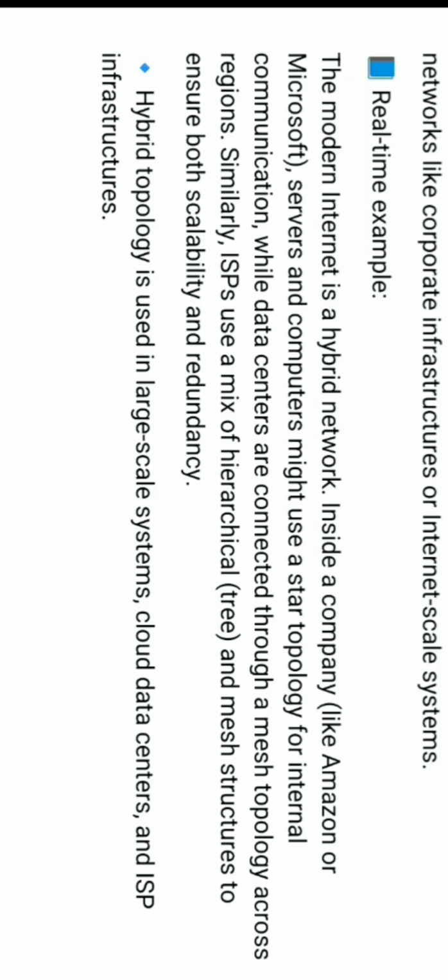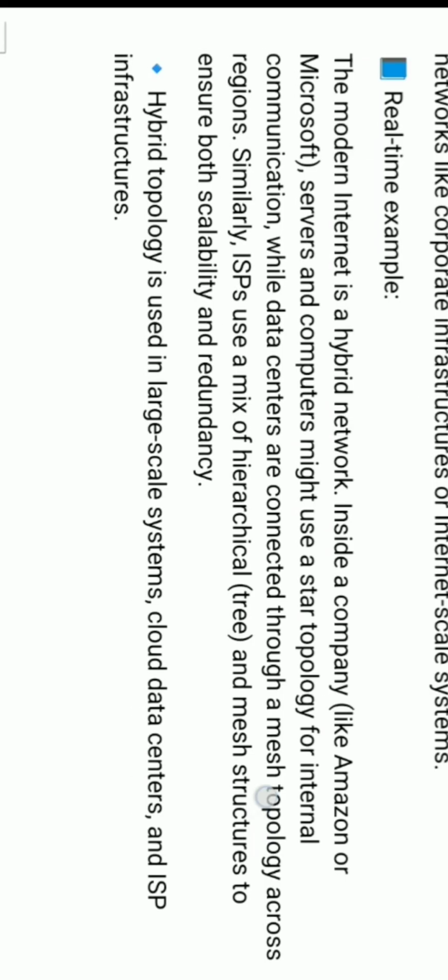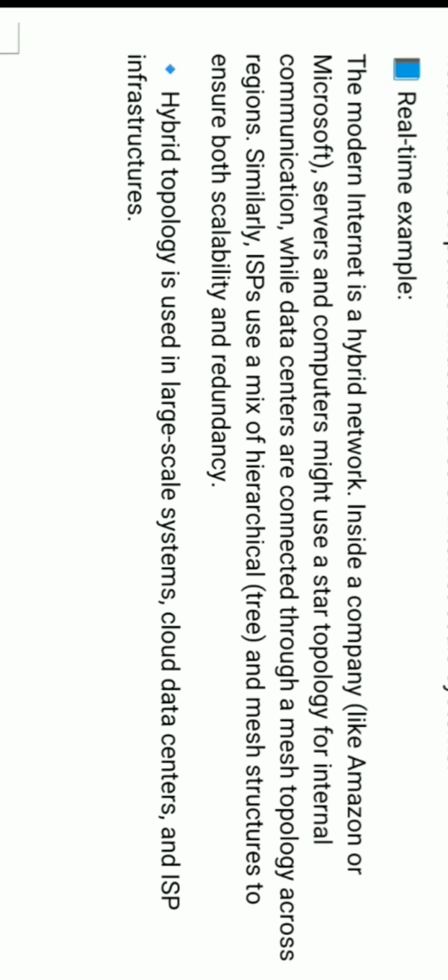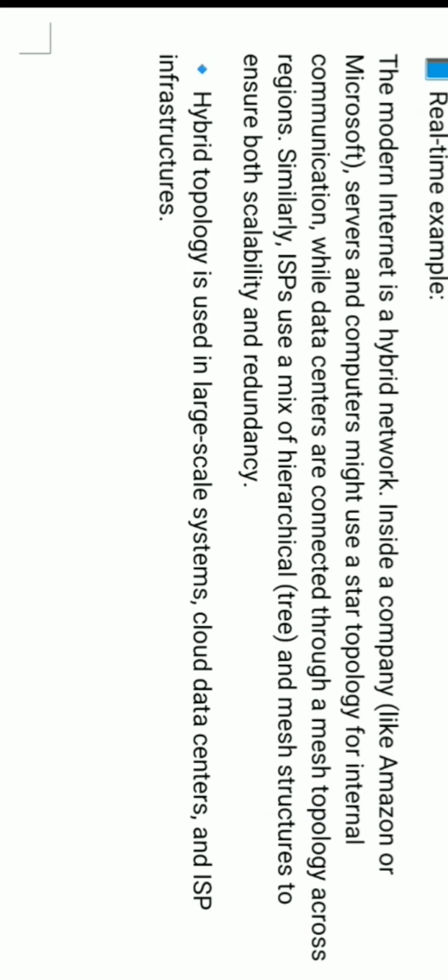So the internet is actually a larger hybrid network that blends the tree structure, mesh structure, and star structure all together. And hybrid topology is very useful in cloud data centers and ISPs, and in large corporate networks, internet scale systems, and complex distributed systems.